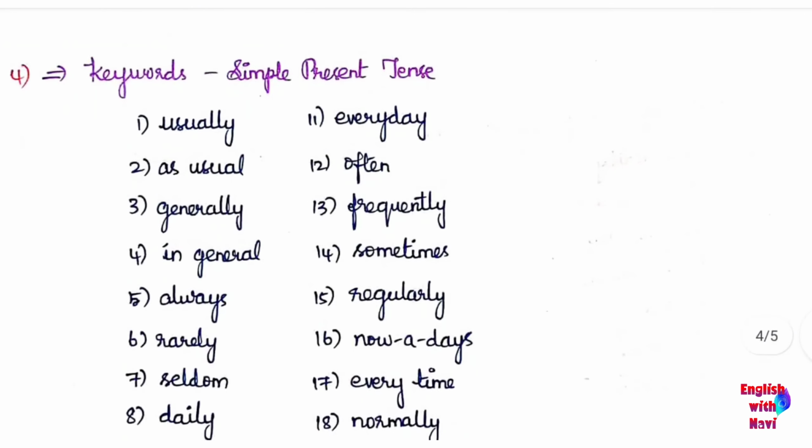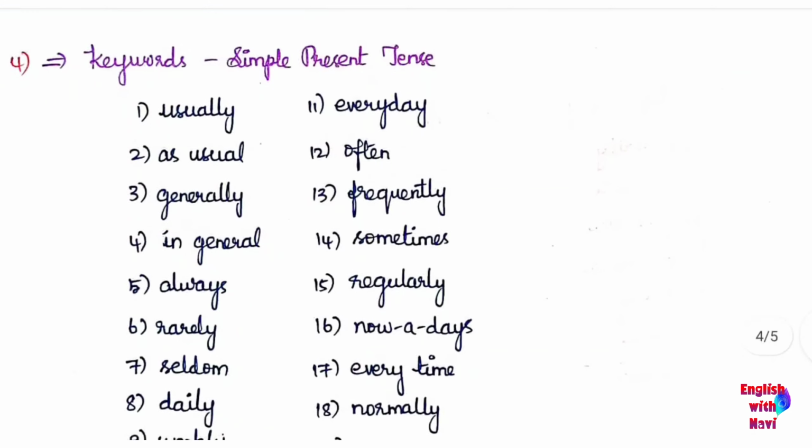Alright. Now what we are going to learn is keywords. So these are the keywords that you can use when it comes to simple present tense. So it will be really useful for students to write exams as well. Now what are the keywords that you have to use when it comes to simple present tense? Have a look at these keywords over here.